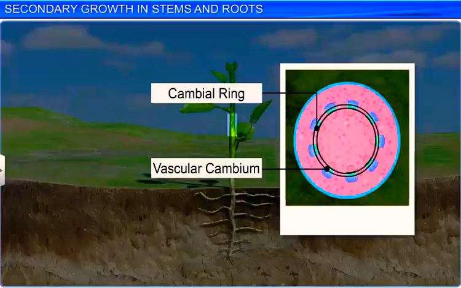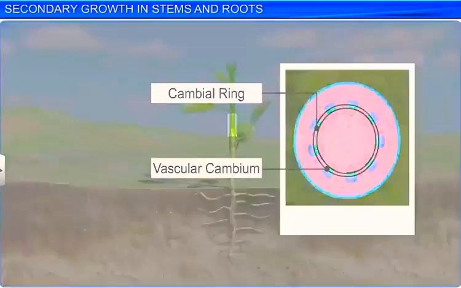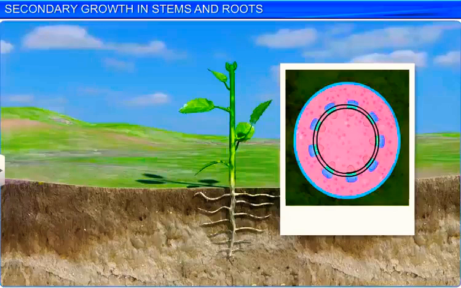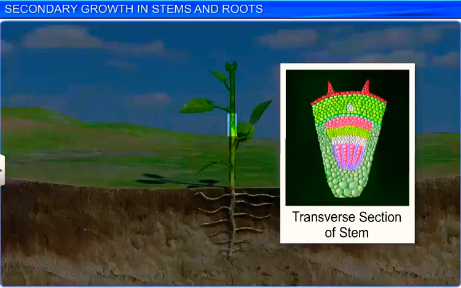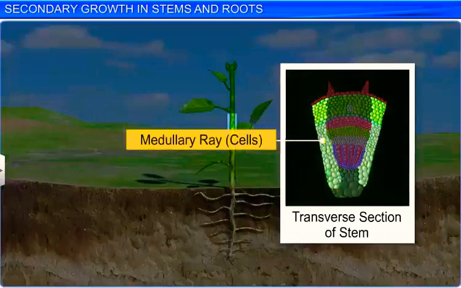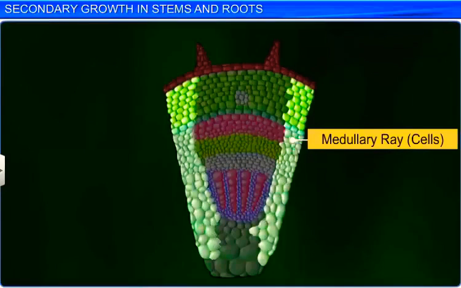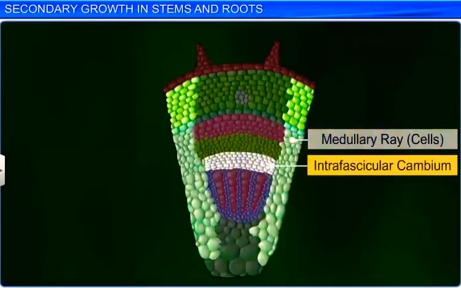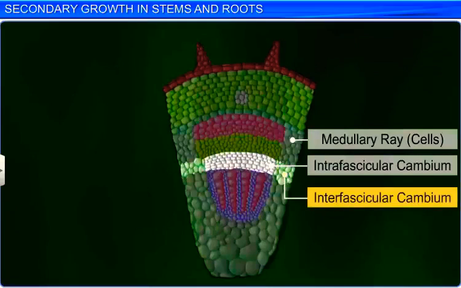Let's understand how this ring is formed. When the secondary growth of a stem begins, a process of differentiation takes place in the cells of the medullary rays. These cells, located next to the intravascular cambium, become meristematic in nature and lead to the formation of the intervascular cambium.